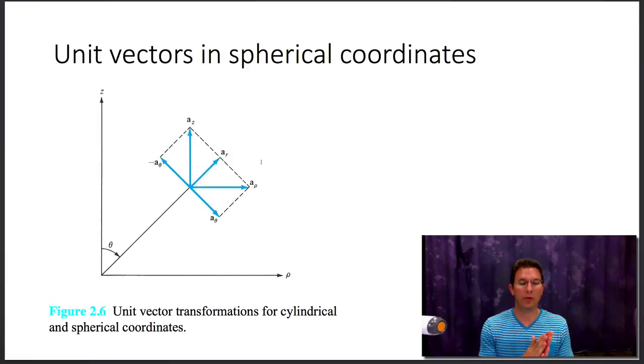The sum of those two projections will give you r hat. Similarly, if we want to instead represent z hat in spherical coordinates, there's going to be a projection of z hat along the r hat direction and a projection of z hat along the theta hat direction. Okay, this is just to say that you can describe these vectors in multiple coordinate systems. Really, that's the point of this.